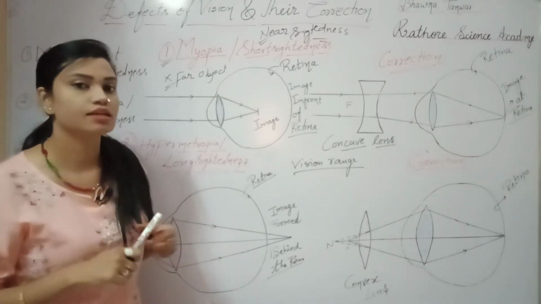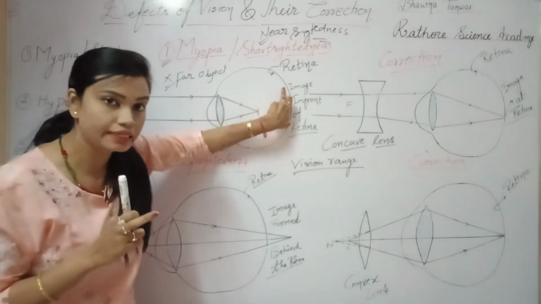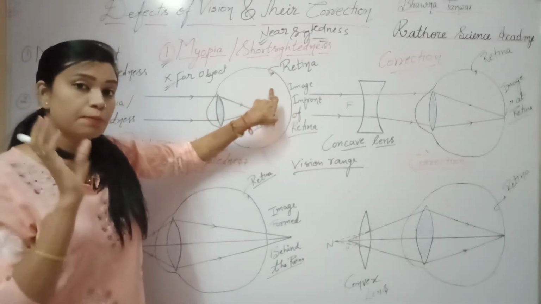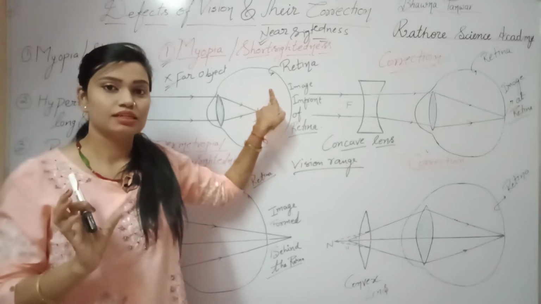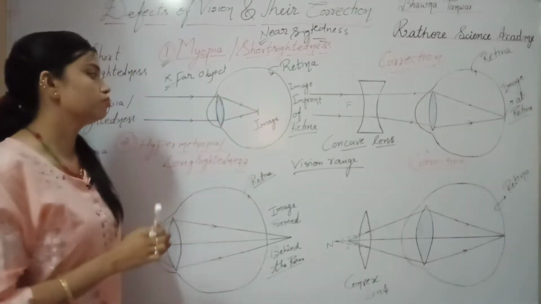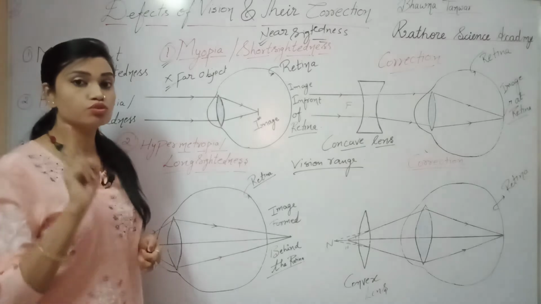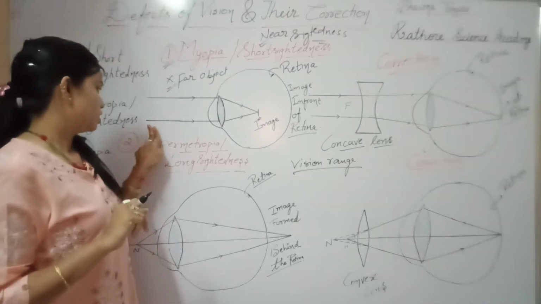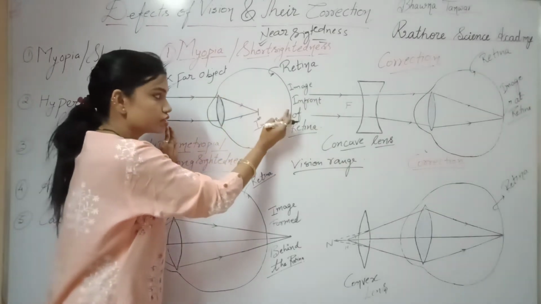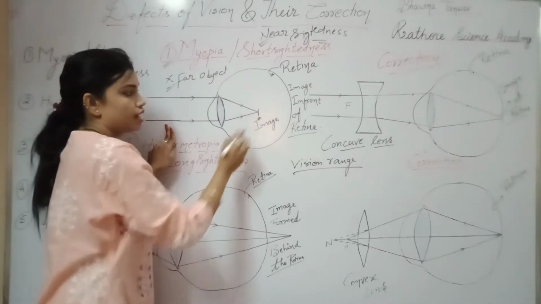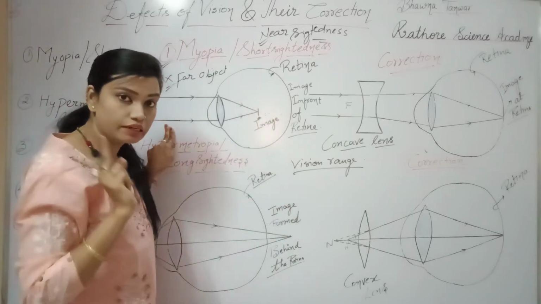As I discussed in that diagram, for a normal eye, the image should form on the retina of the eye. But for a person suffering from myopia, the image for a far object is formed in front of the retina, anywhere in front of the retina, but not on the retina.